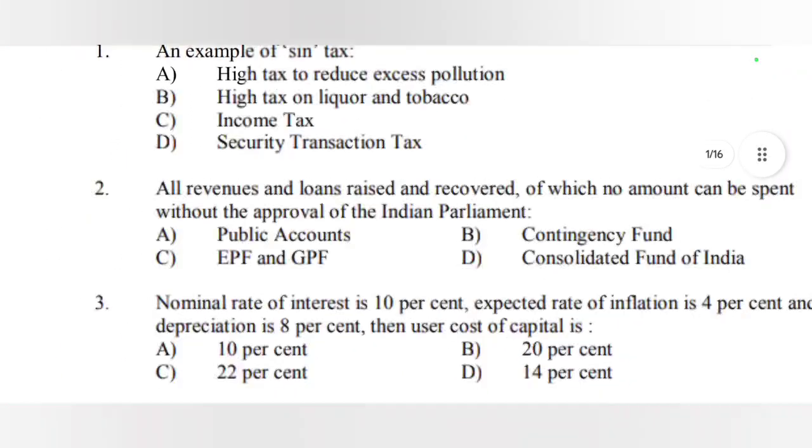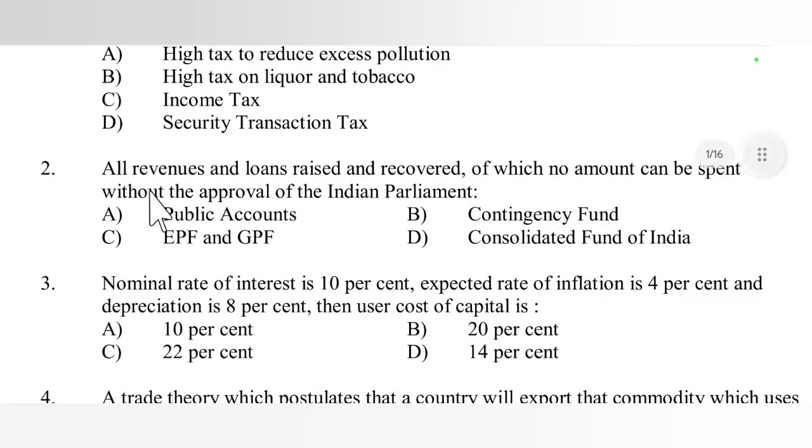Then question number 2: all revenue and loans raised and recorded, of which no amount can be spent without the approval of the Indian Parliament.